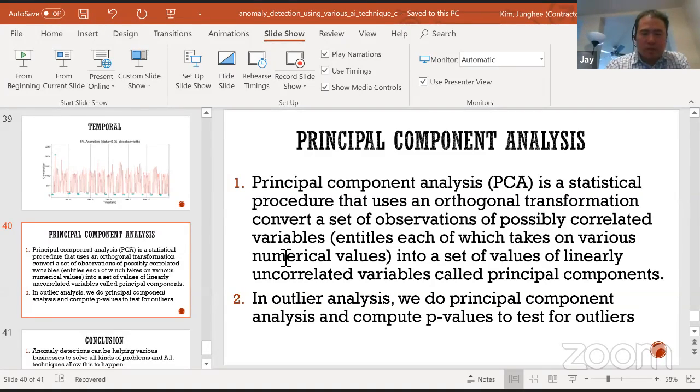PCA fits a line, then tries to get the distance between the data points and the line, and we convert that correlation into uncorrelated variables. These are called the principal components.